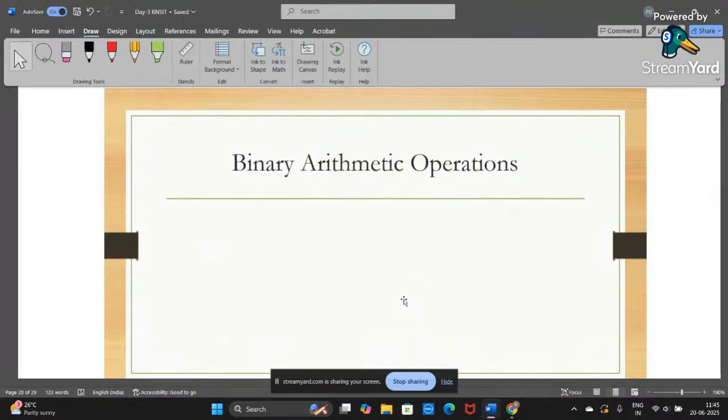Welcome back. Now we are going to start with the topic binary arithmetic operation. This involves performing addition, subtraction, multiplication, and division using binary numbers. Binary base number is what? 2, right? Binary base number is 2.